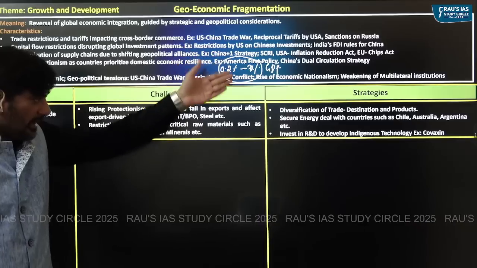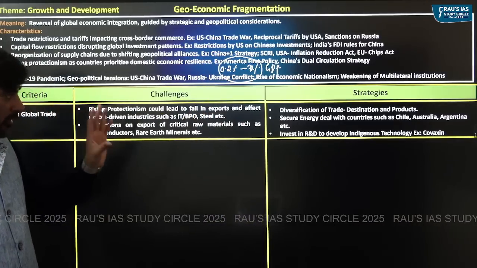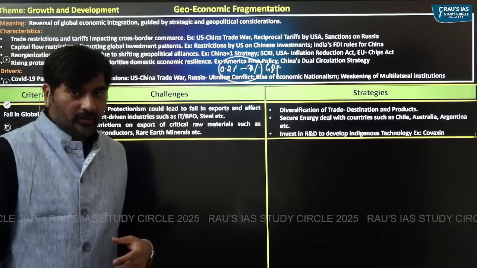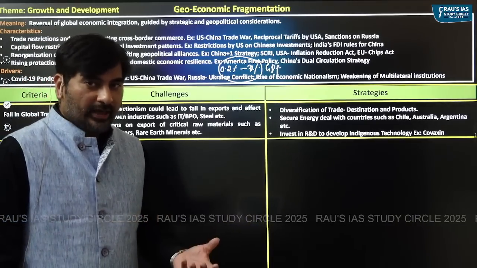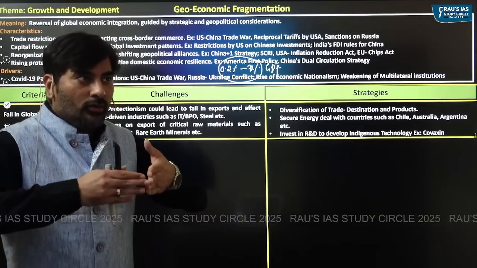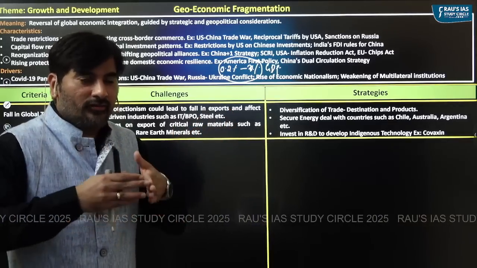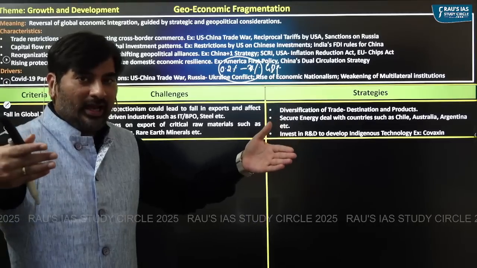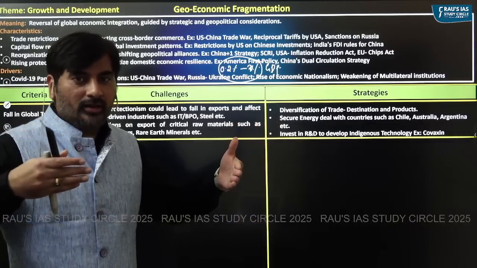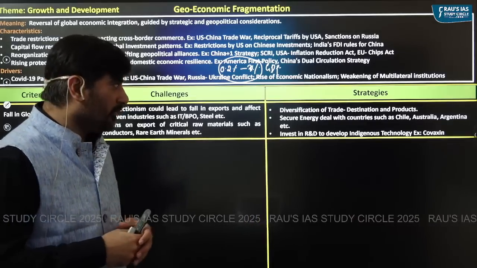So these are the strategies that we must follow. That is, we must go for diversification of trade in terms of both destination as well as products. We need to ensure that we are not exporting to just a few countries. We must focus on exporting to a large number of countries so that India's vulnerability to geo-economic fragmentation reduces.